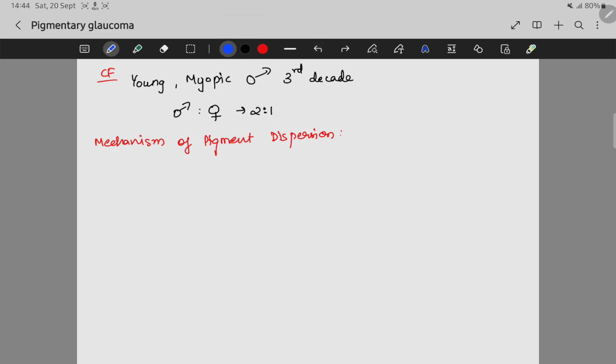we have some hypothesis. So there is Scheie and Fleischer. They said it is due to degeneration of iris pigment epithelium.